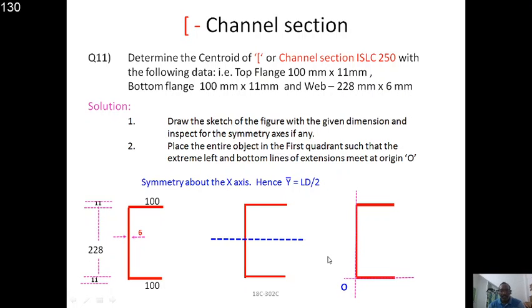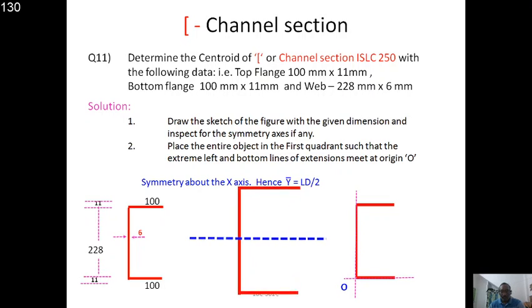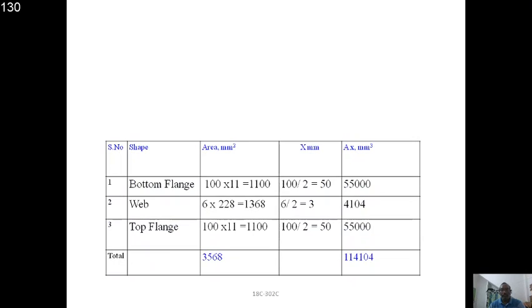Now, after getting the symmetry, place the entire object in the first quadrant to determine the x bar position, being that it is not symmetric about the y-axis. So it is only symmetric about the axis parallel to the x-axis, right? Now the simple procedure, follow the same manner. We need to calculate the x bar only.